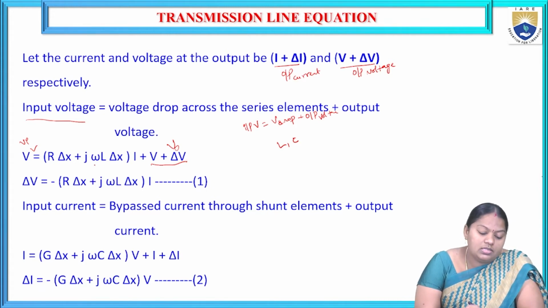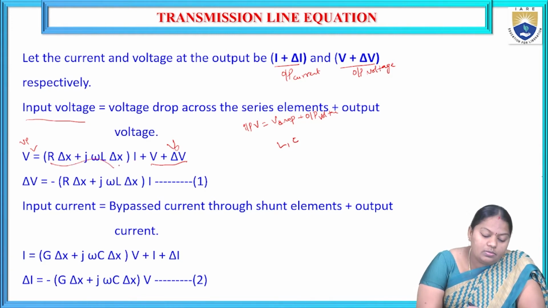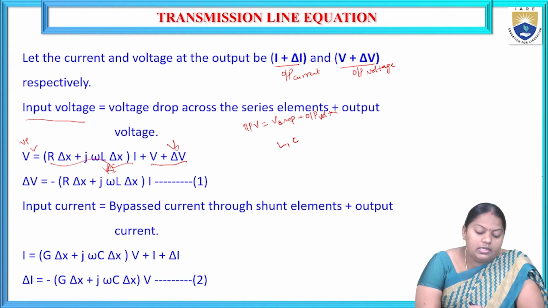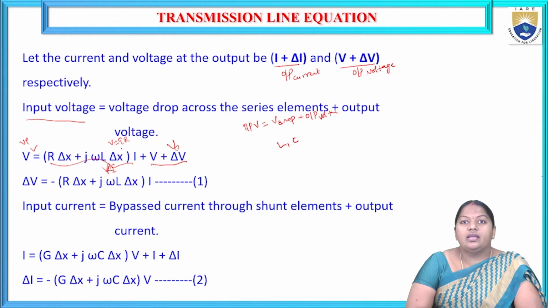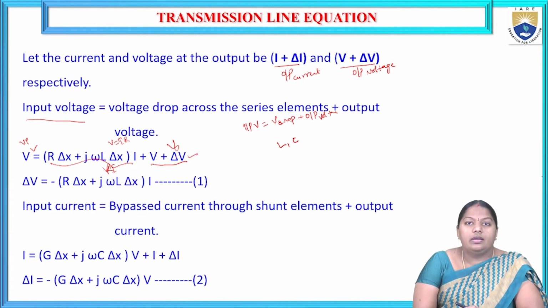In the series drop, we have written R plus j omega L into delta X into I. This is the drop, represented by IR, according to Ohm's law, V equals IR. Based upon that, this equation is obtained.